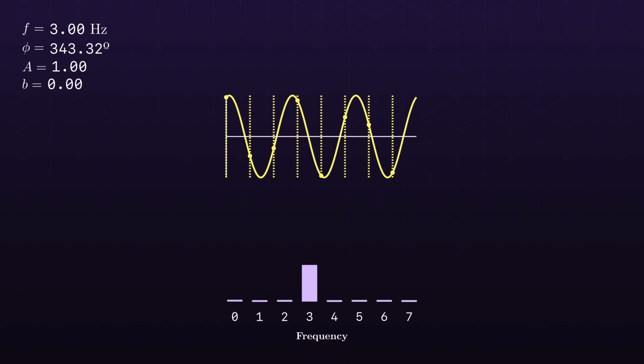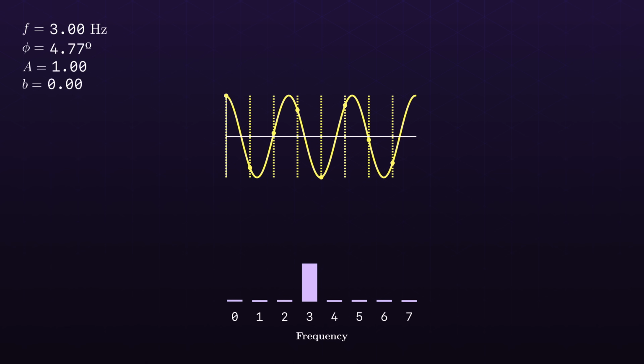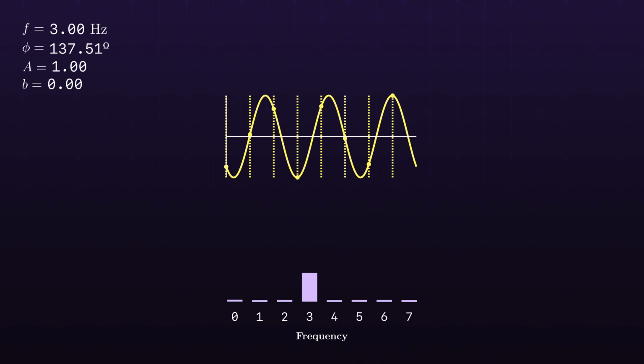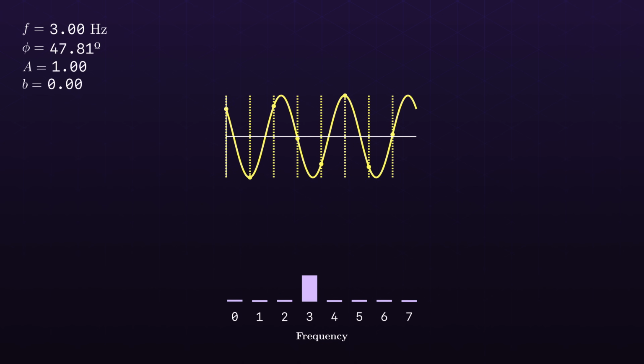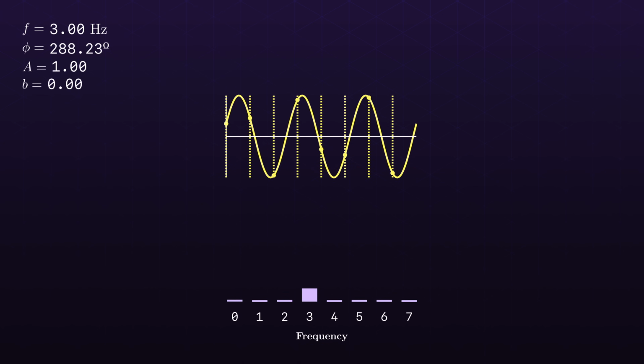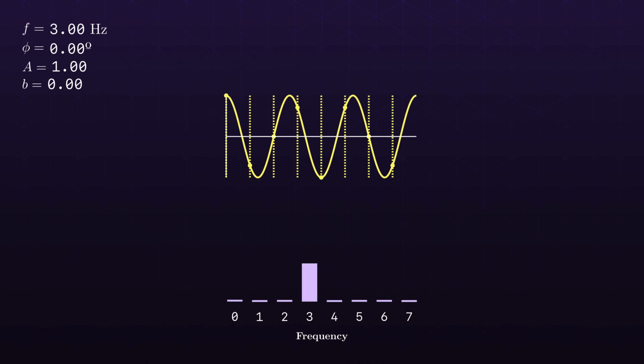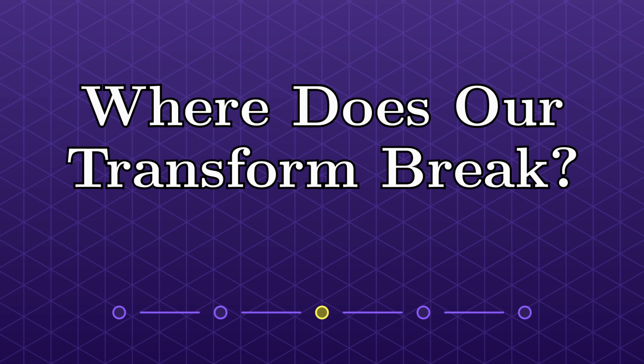But what happens with our test transform is, unfortunately, the frequency strength is impacted by the phase. The sine wave example is just a specific case when the phase is offset by 90 degrees. So fundamentally, this is where our fake Fourier transform breaks. Let's now see how we can fix it.